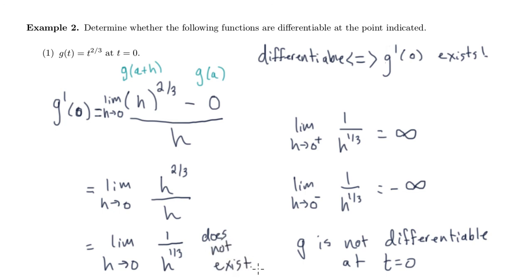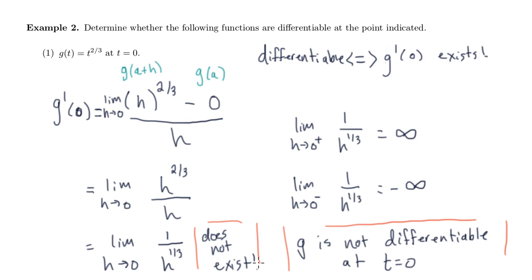So again, we see this connection between g prime of 0 existing and g being differentiable at t equals 0. Both of these are, of course, equivalent ways to say the same thing. But the point is, this function is not differentiable. And actually, if you remember our discussion on cusps, this function g has a cusp at t equals 0.